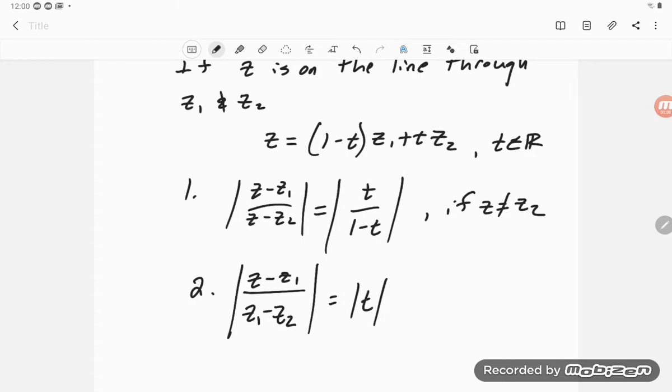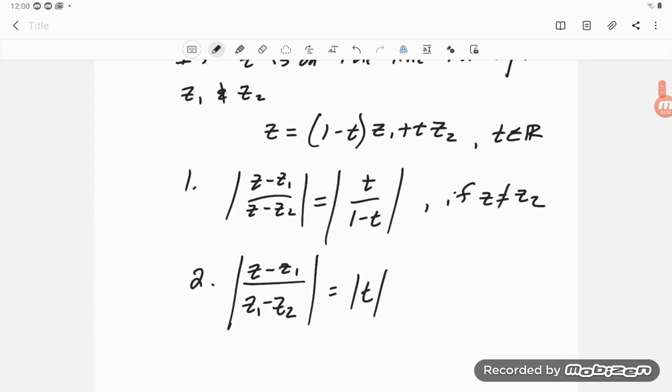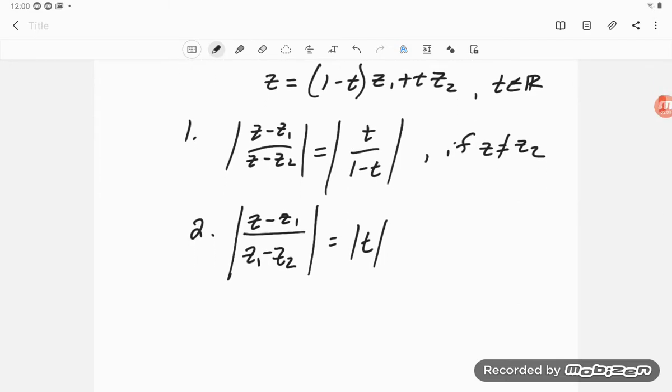Okay, they may have the proofs of that in the exercises, right? If I'm going to go about trying to prove something like that, I've got t over 1 minus t. I see a z minus z1 and a z minus z2.